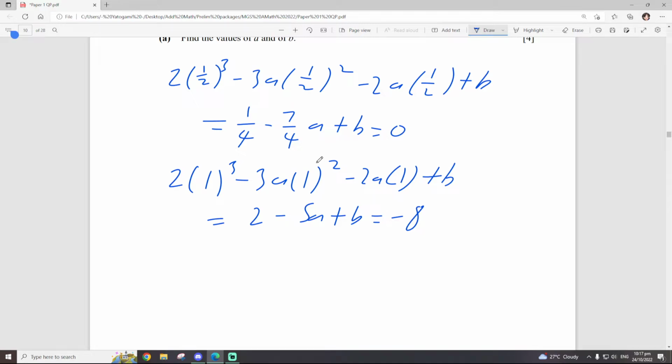So you can go ahead and solve for a and b the normal way. Give me a minute.